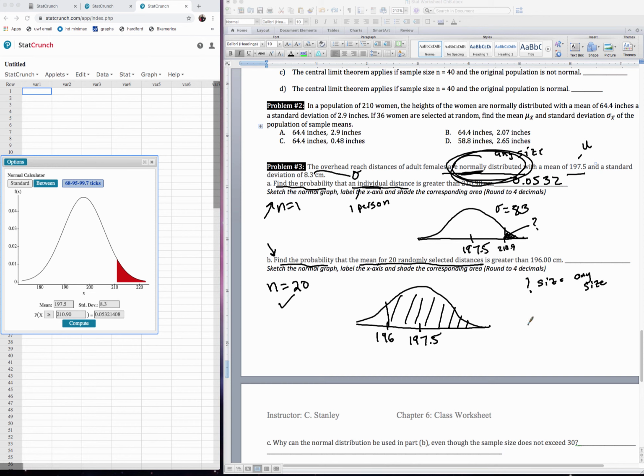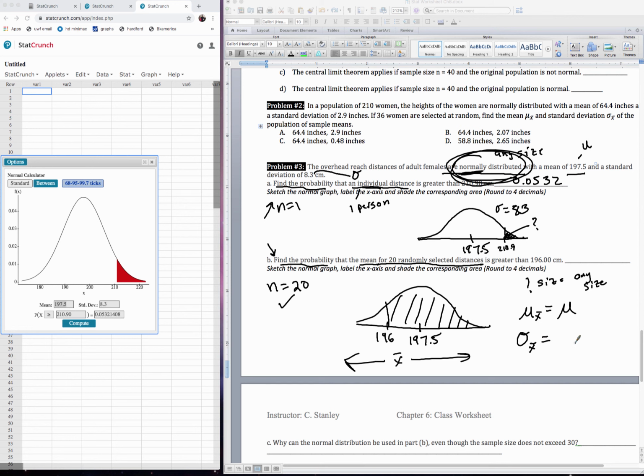Now what does the central limit theorem say? The central limit theorem says the average of all the x bars, because these are x bars down here, these are all x bars, is the same as mu. So what that means is we come over here and we should have a mu of 197. Perfect, 197. This is the trick. The standard deviation of the x bars is not sigma.